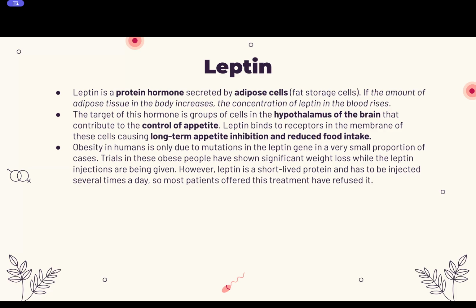Leptin is the hormone that controls the appetite that a human has, and this is because leptin will bind to receptors within the hypothalamus of the brain that cause long-term appetite inhibition and reduced food intake. So leptin will basically make you less hungry, and you'll have less desire to eat, and that will therefore control fat cells within your body, and this is what basically prevents obesity.